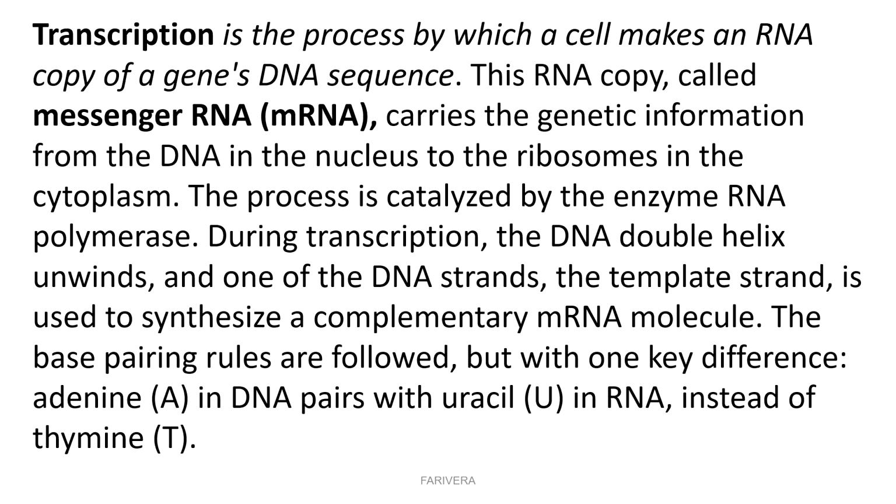Okay, so a more detailed concept for transcription. During transcription, the DNA double helix opens in the region containing the gene. One DNA strand serves as the template. An enzyme called RNA polymerase produces a complementary RNA molecule.